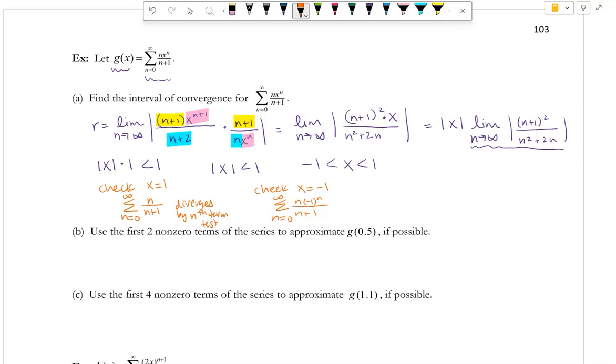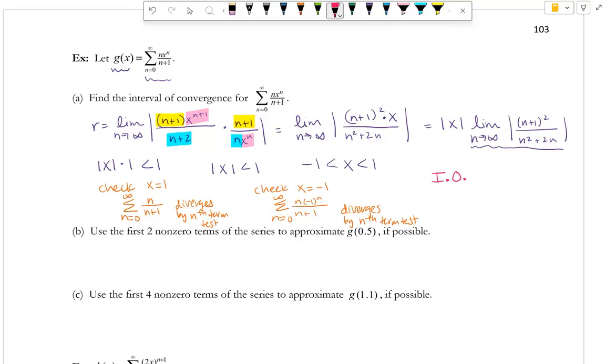So this also diverges by the nth term test. So we know that our interval of convergence will not include negative 1 or 1.